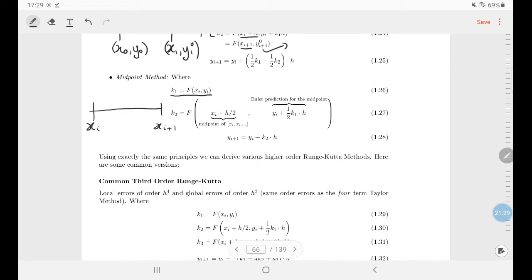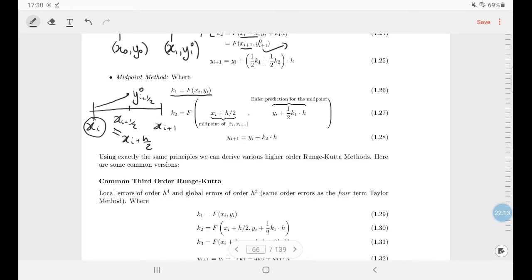You start at xi, and you do an Euler predictor for what's happening at the midpoint, which could be called xi plus a half, equal to xi plus h over 2. You look at this point and ask, what is the slope at this midpoint? The midpoint of the x is easy. What about the y? We'll do a y predictor, or what we could call y at i plus a half. So we use the Euler method to see what's going on at the midpoint. We've got a pair of values x and y.